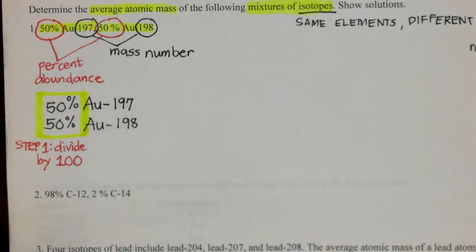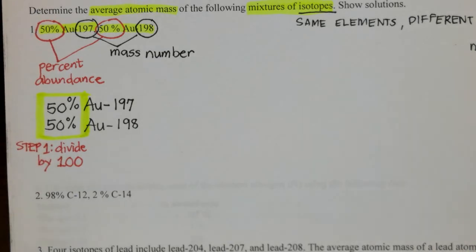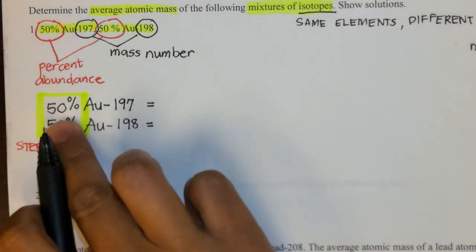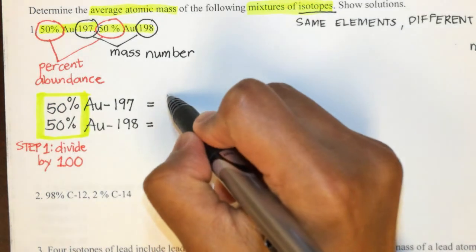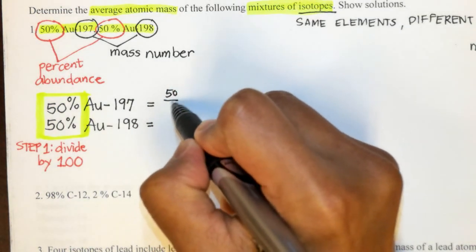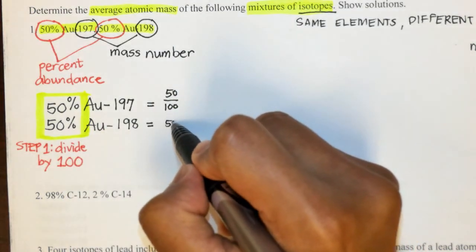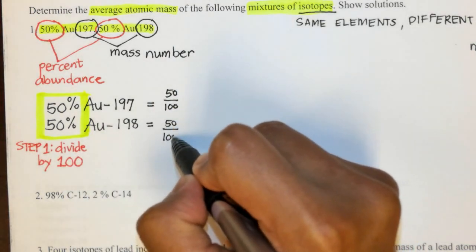As always, you cannot use the percentage as is. You need to make it in a decimal format. And so to make a decimal format of all percentages, you know that you need to divide them by 100. So let me show you how to do that. So let me put an equal sign here. I'm going to transform my 50% into a decimal. So that's going to be 50 divided by 100. Same thing with this. It's also 50 divided by 100.